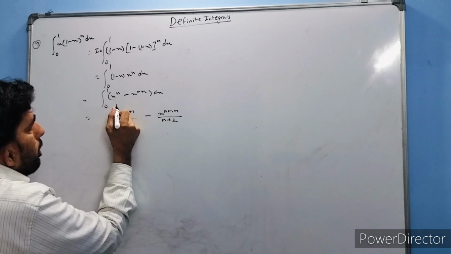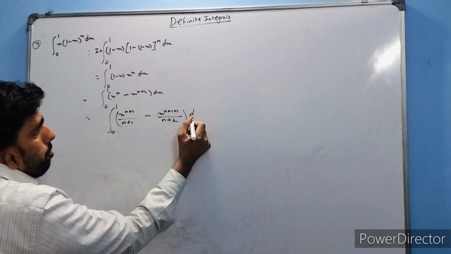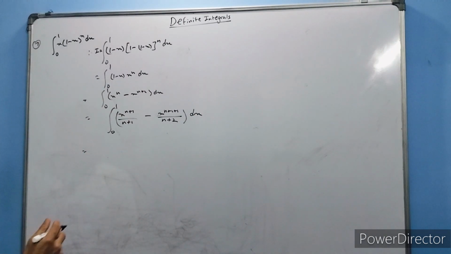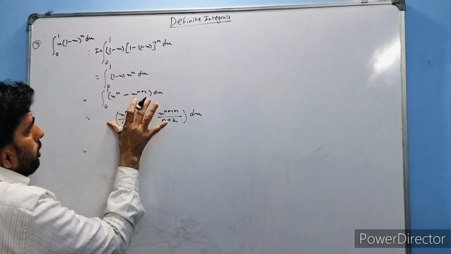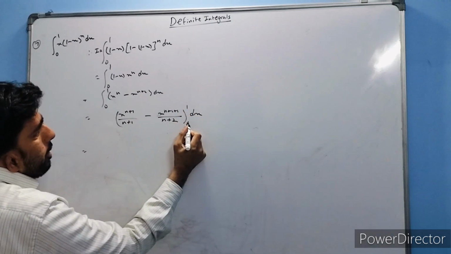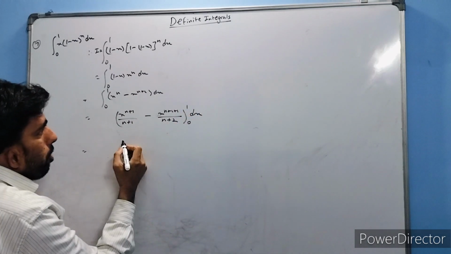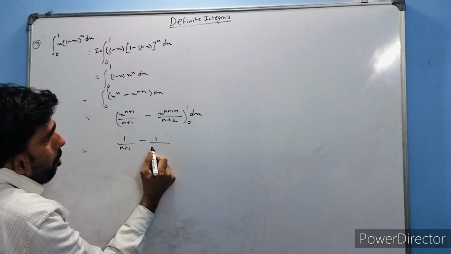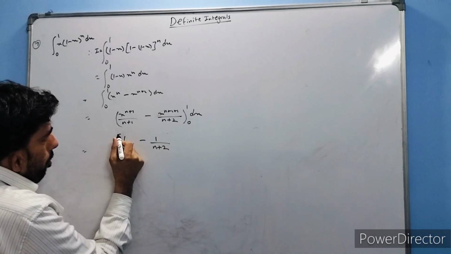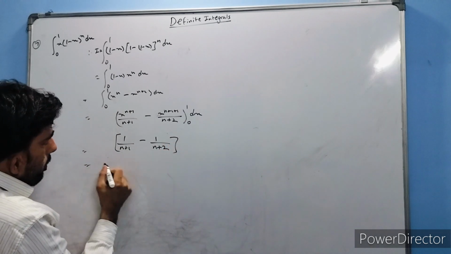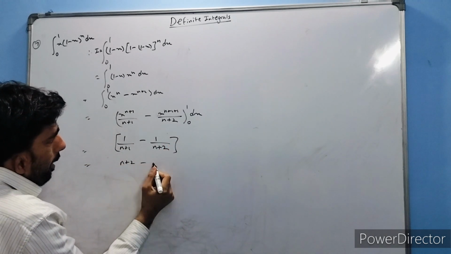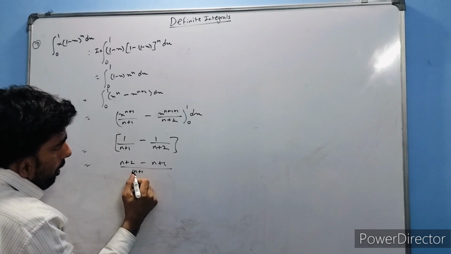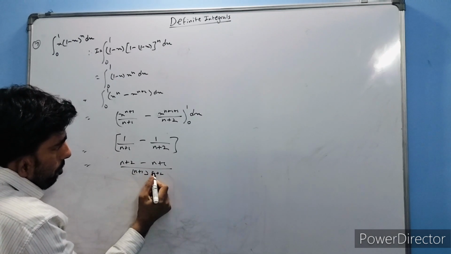Okay, so likewise we can easily solve this. We have already done that. So now we need to apply the limits here. So I got here 1 upon n plus 1 minus 1 upon n plus 2. Okay, so I got this. Now n plus 2 minus n plus 1, I have n plus 1, n plus 2.